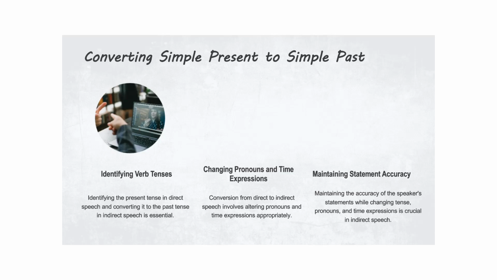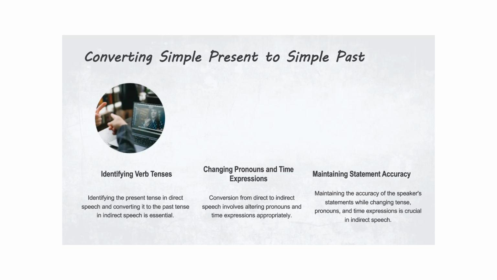Changing pronouns and time expressions. So pronouns will also change. Conversion from direct to indirect speech involves altering pronouns and time expressions appropriately. I want you to focus. Time expression means if there is any adverb of time used, then you also need to change the time expression appropriately.